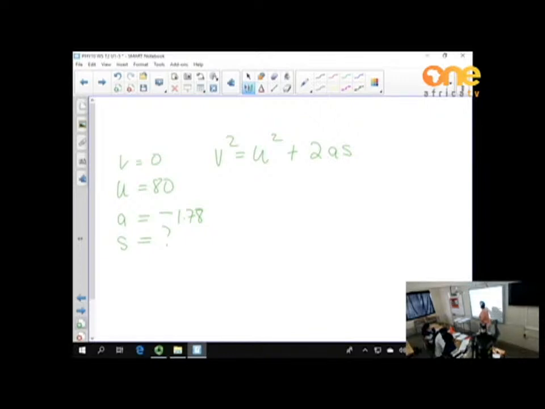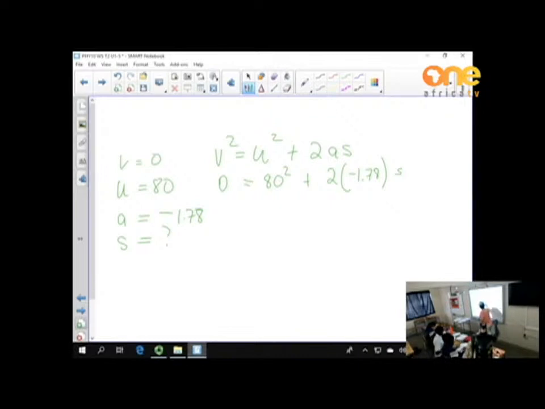So we will have 0 is equal to 80 squared plus 2A, and what is S? 2A minus 1.78 times S. All right? So now, what's it, 6400?